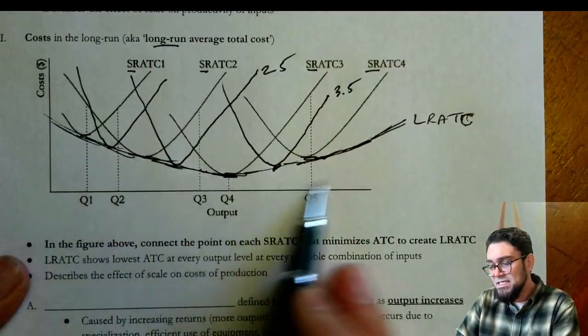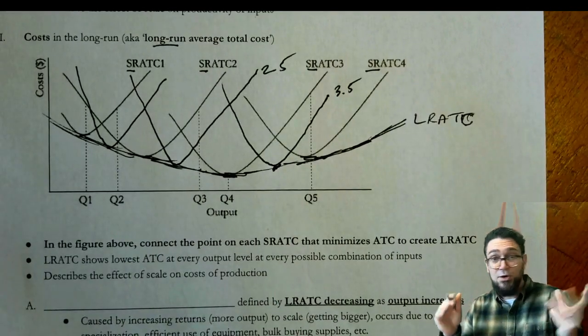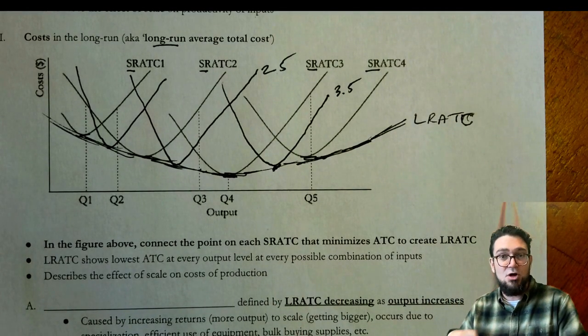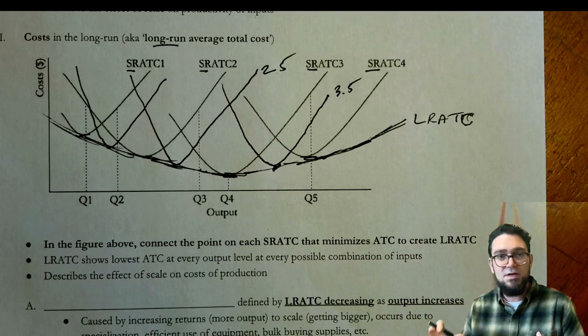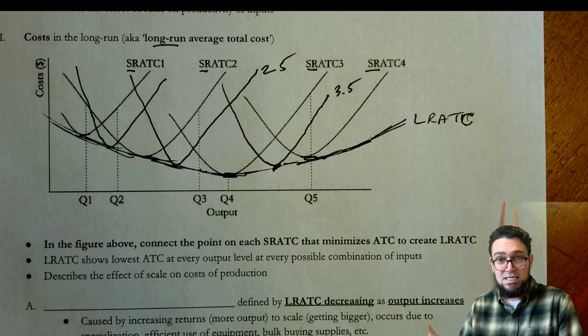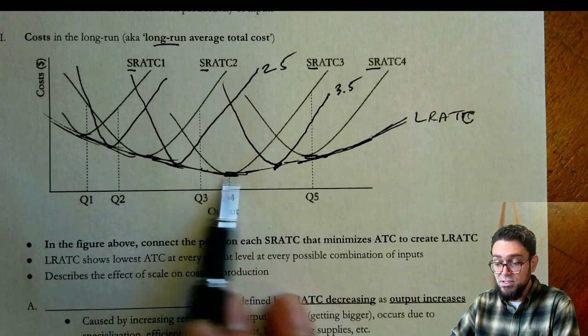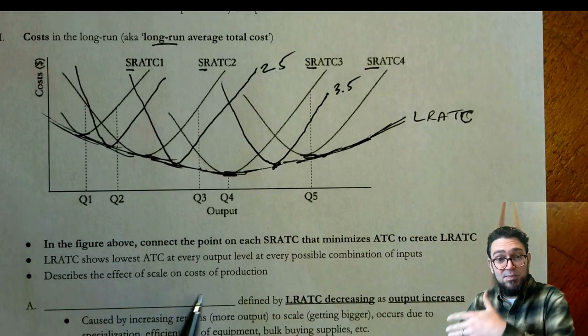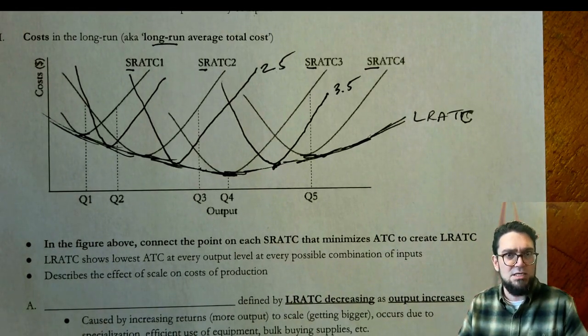And again, what this LRATC represents is, in the long run, all of your inputs are variable. So what would be the lowest average cost of production out of all the infinite combinations of your company's size? Well, that would be the minimum point on this LRATC. This describes the effect of scaling up the size of your company on your average cost of production.